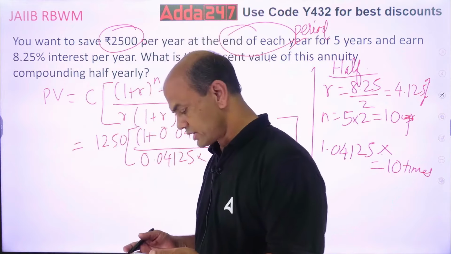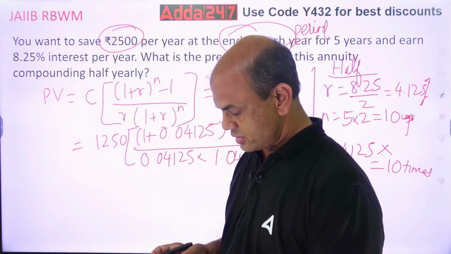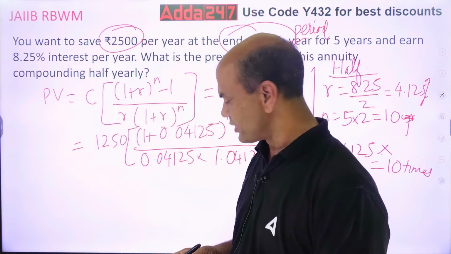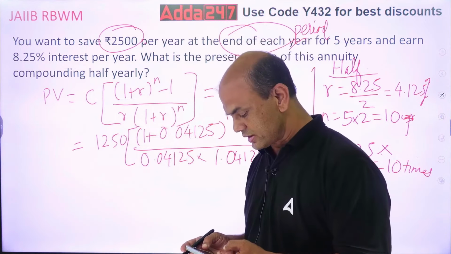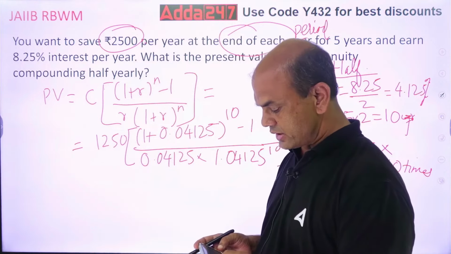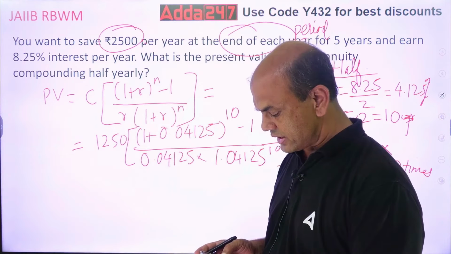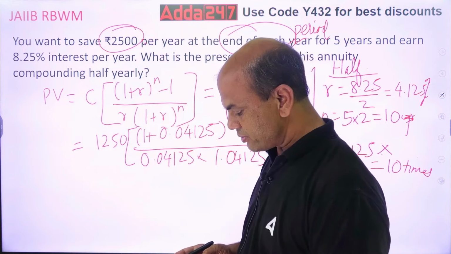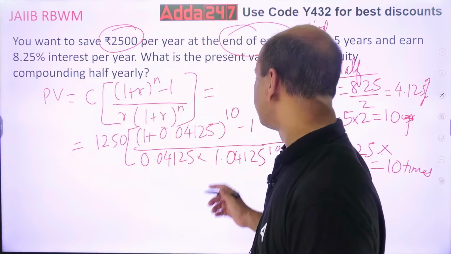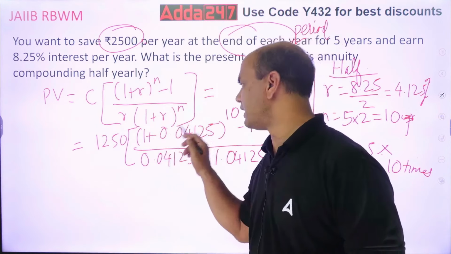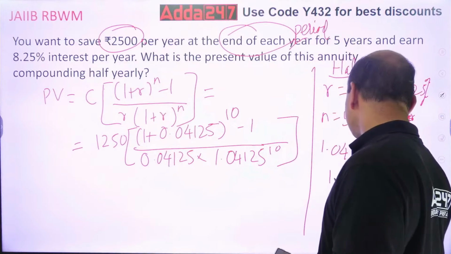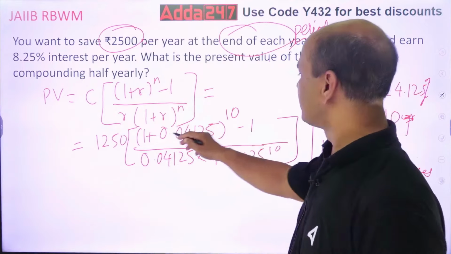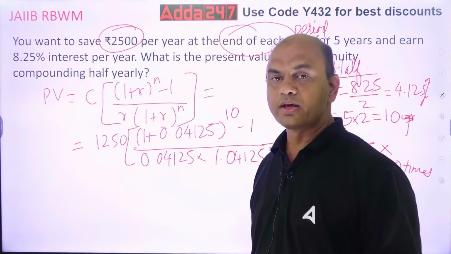Go forward. So 1.04125 raised to 10, you do it by pressing into and equal to 10 times. So it is 1.498. I'll write it over here: 1.498. This is the answer for 1.04125 raised to 10.